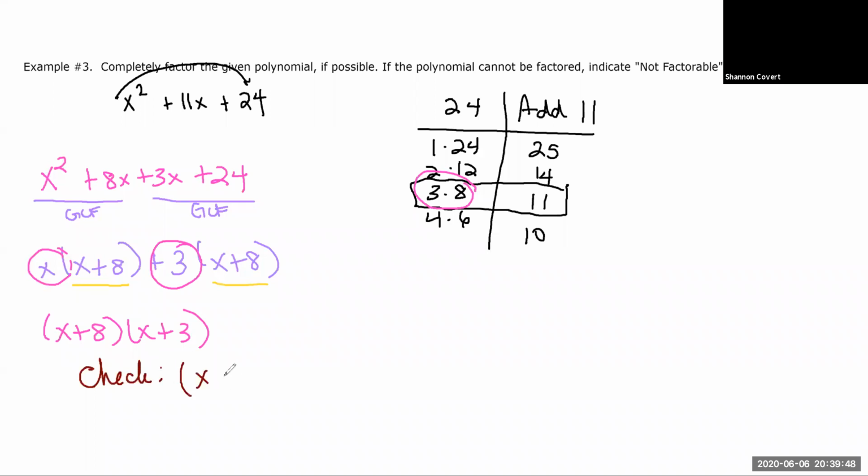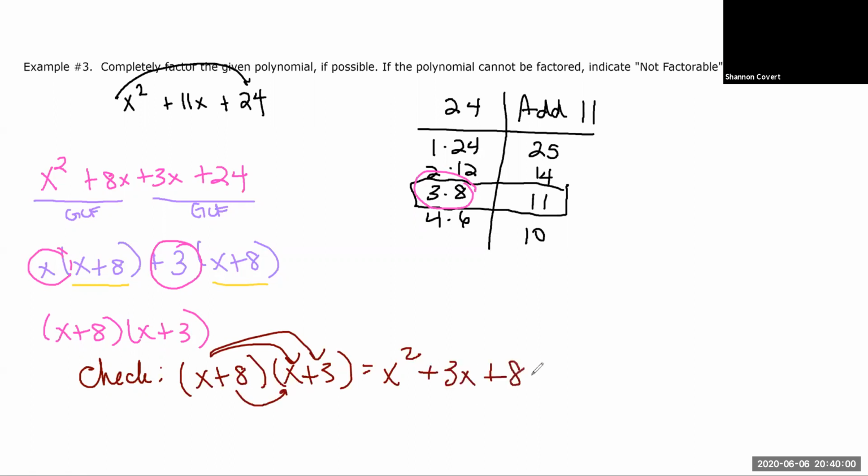Now we're going to check this. We're going to take x plus 8 times x plus 3 and see what we get. x squared plus 3x plus 8x plus 24.